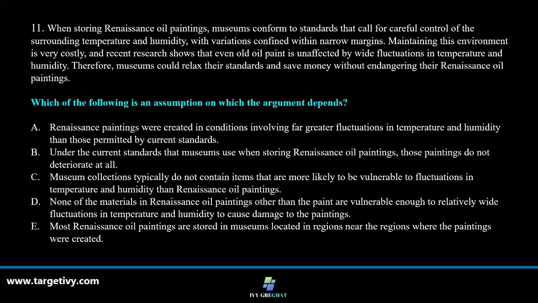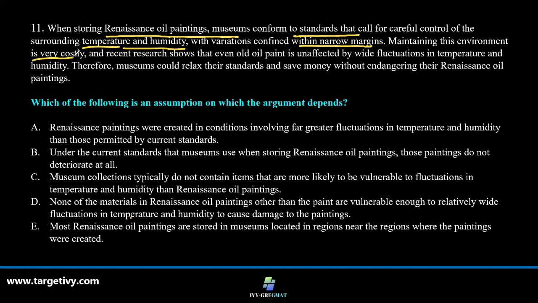So what we have got here is certain facts about Renaissance oil paintings. Fact one: for storing oil paintings in the museum, they had to have certain standards, careful temperature and humidity control, with variations within narrow margins. Fact two: maintaining this is costly.